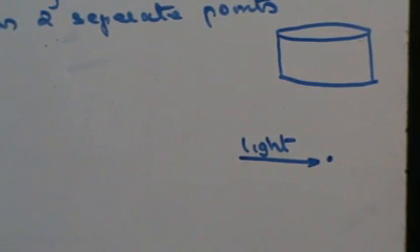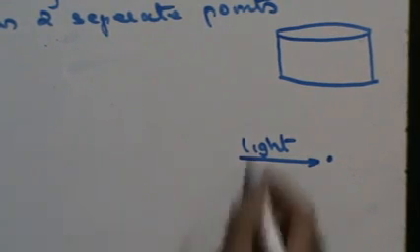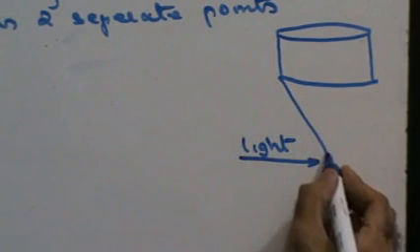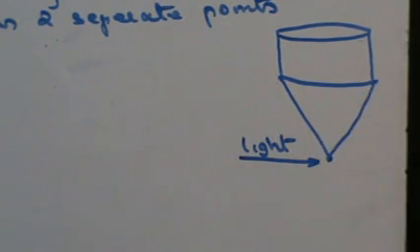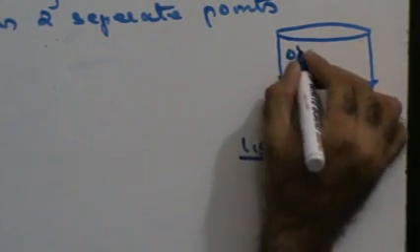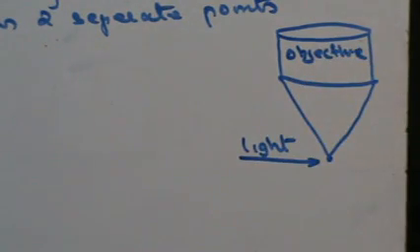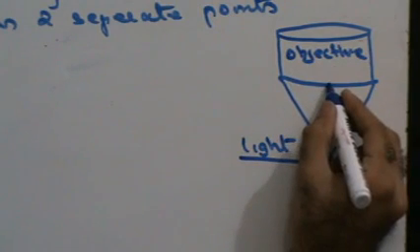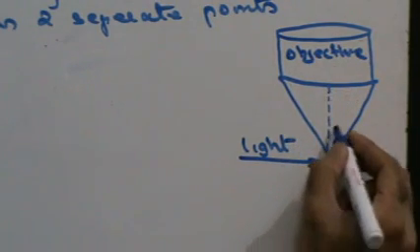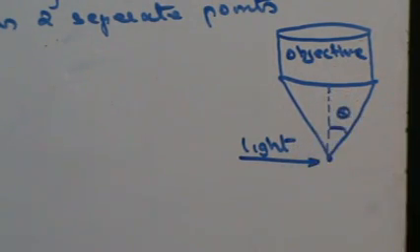You see this microscope in your lab, right? Light falls on the object and is reflected onto the objective. This is my objective. And then you view it through your eyepiece, right? Let us assume that this is the line of center and this angle is theta.